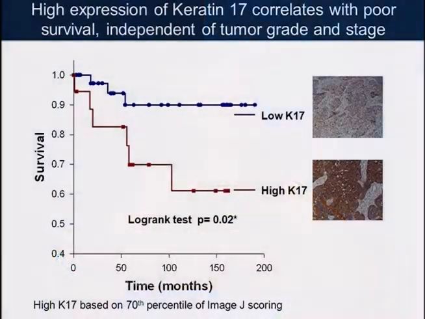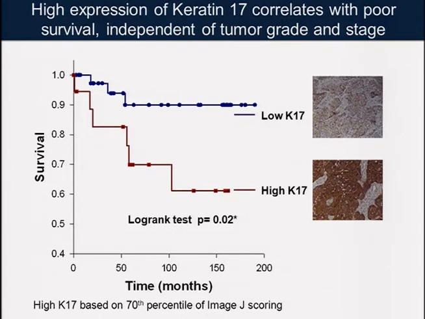So then we went ahead and divided our patients, not by the stage, not by the grade, not by the lymph node status, but according to the expression of keratin 17. We divided our patients into those with a high expression of keratin 17 or a low expression of keratin 17, according to the 70th percentile of the ImageJ scoring.